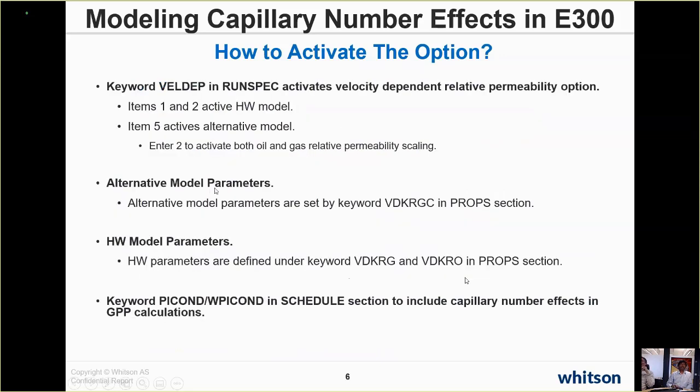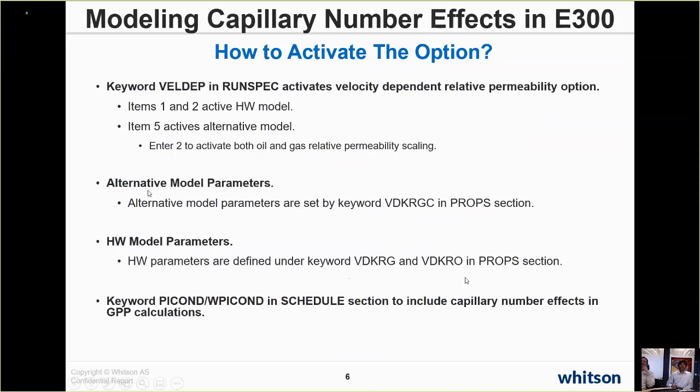Once we have selected which model to use, for example the Heriot-Watt model, the parameters for that model are given by the keywords VDKRG and VDKRO: velocity dependent gas relative permeability and velocity dependent oil relative permeability.